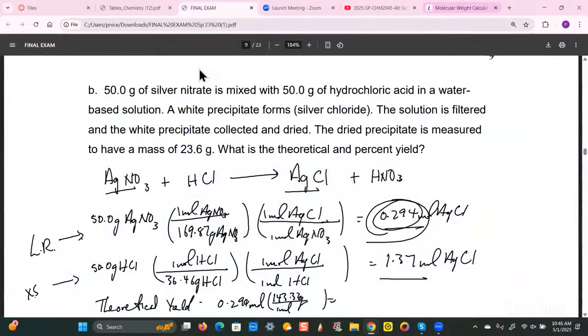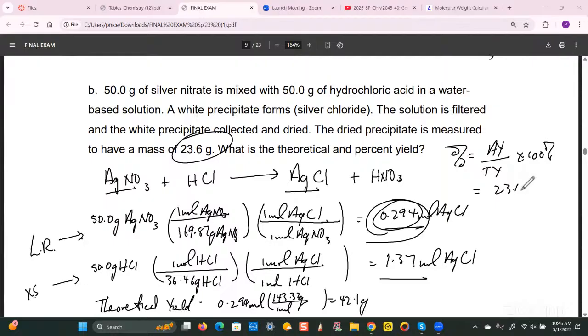Okay, so let's see here. According to my calculation, when I do the multiplication, that gives 42.1 grams. That would be the theoretical yield, and then the percent yield would be the actual yield divided by the theoretical yield times 100%. So the actual yield is this right here, 23.6 grams, divided by the theoretical yield, which is 42.1 grams, times 100%.